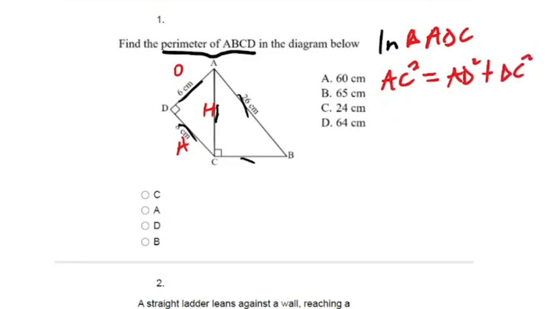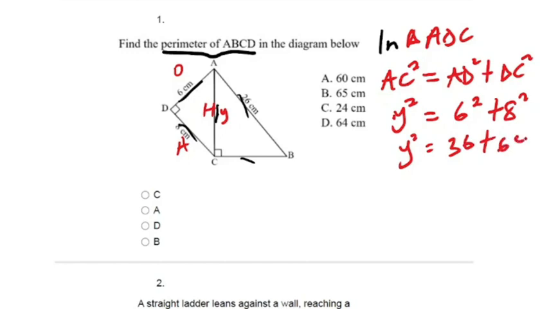Let's call AC Y. So Y squared equals 6 squared plus 8 squared, which is 36 plus 64, giving us 100. So Y equals the square root of 100, which gives us 10 centimeters. So that means AC is 10 centimeters.